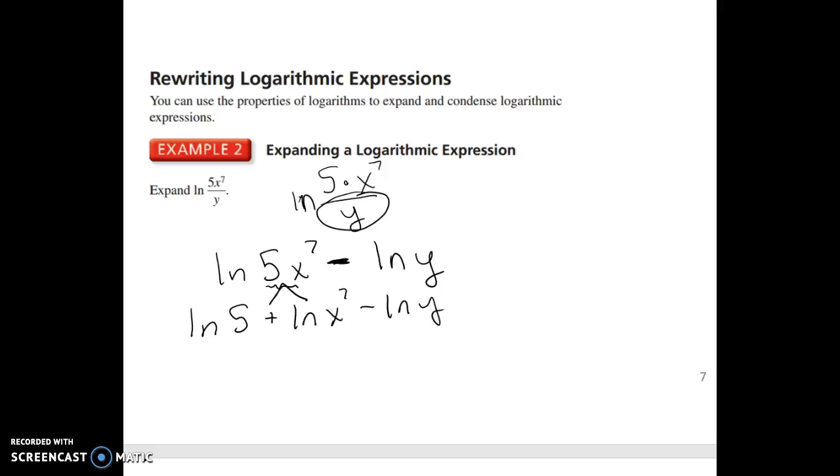And then we still have an exponent, and we're allowed to change exponents into multiplication. So you're going to move your exponent right to the front. So our final answer for expanding this logarithm is ln of 5 plus 7 ln of x minus ln of y.